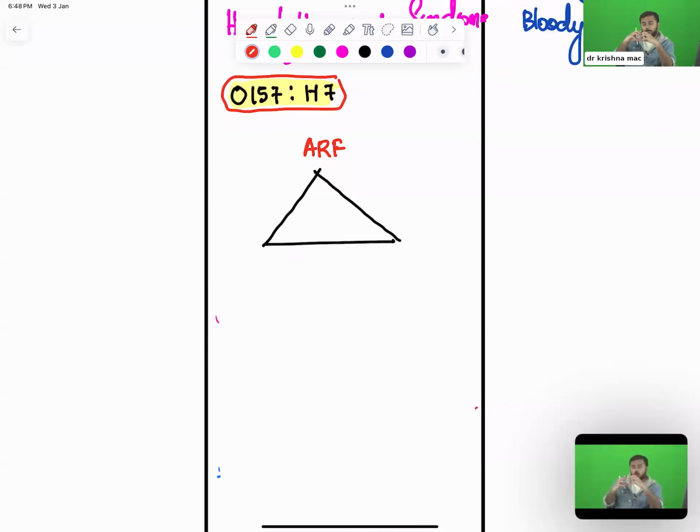When it is causing breakdown of your RBC, hemolysis of your RBC, the anemia which you get is what? Iron deficiency anemia or hemolytic anemia? Tell me. What kind of anemia do you get here? Hemolytic anemia. Very good.